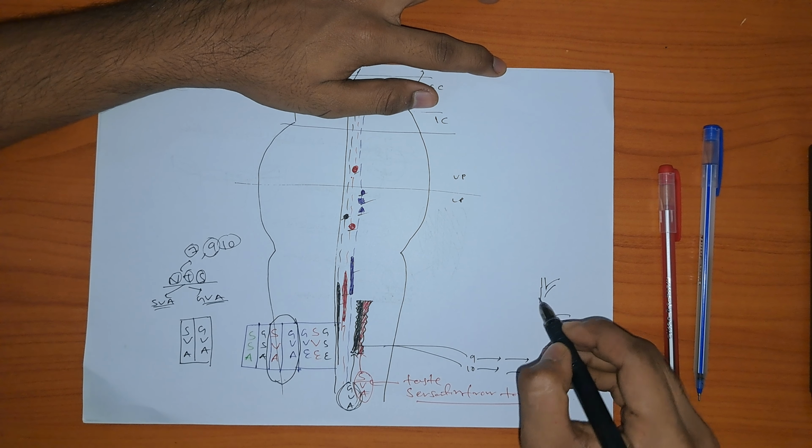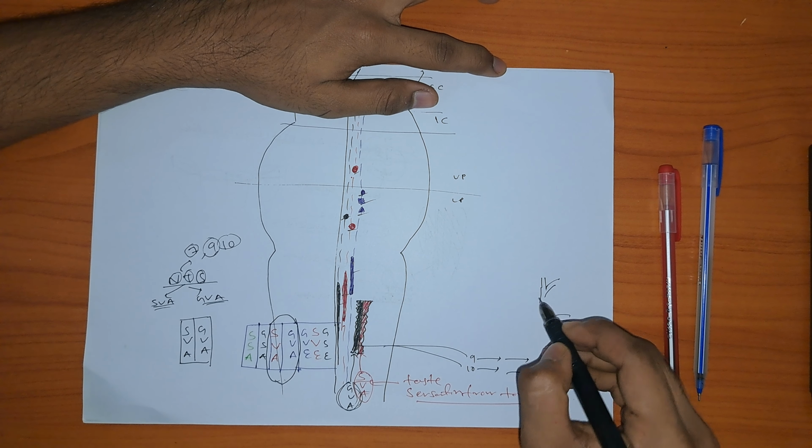So this component is the general somatic afferent component. This is the spinal nucleus of trigeminal, the chief sensory nucleus, and the mesencephalic nucleus of trigeminal. The mesencephalic nucleus carries proprioceptive fibers from the muscles of mastication and face.